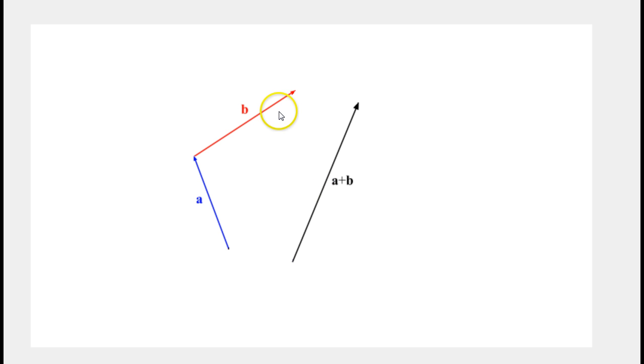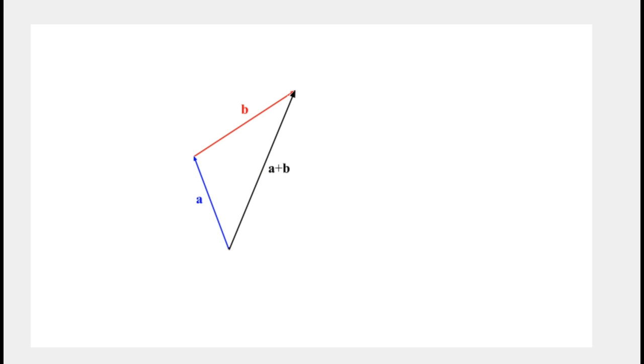Because we started here, we ended up here. So the total displacement, if we add together these two vectors, is this A plus B. This black vector represents A plus B from the tail of A to the head of B.